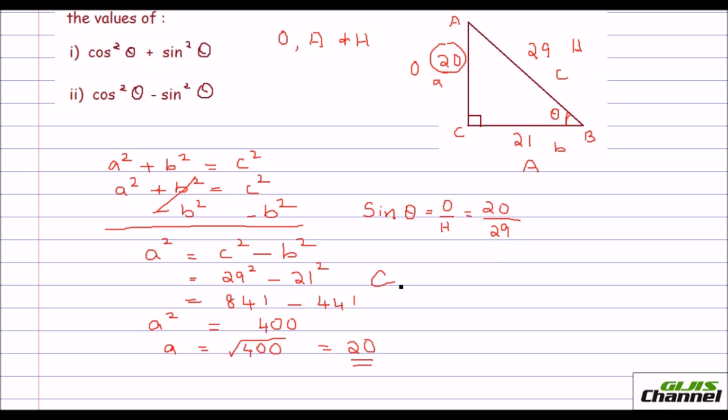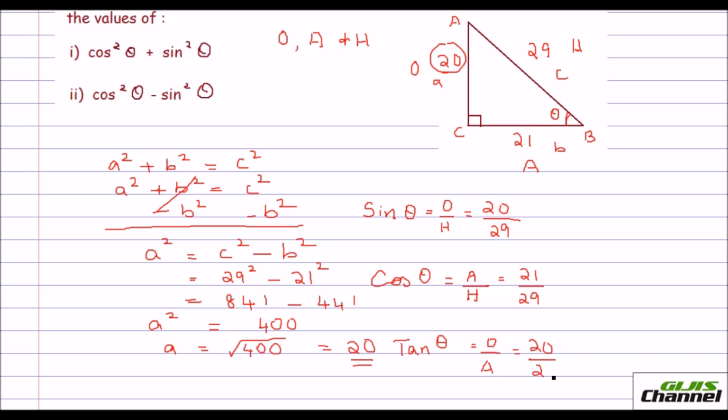Your cos theta is adjacent over hypotenuse, so that would be 21 over 29. And the third one is tan theta. Tan theta is opposite over adjacent, so here your opposite side is 20 and your adjacent is 21.